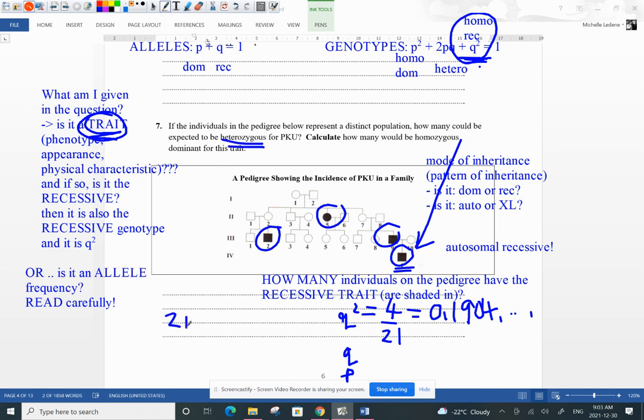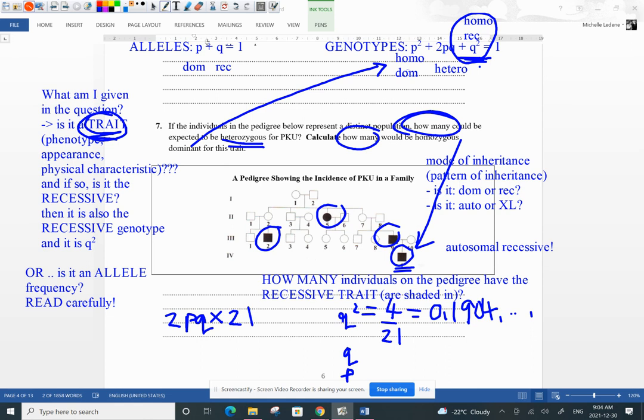So they're looking for the 2pq. When you're asked how many, you have to multiply that by the number in the population. This population has 21 individuals. It's also asking how many would be homozygous dominant. So you find your p squared, that's the homozygous dominant, and multiply it by the 21 individuals in the population.